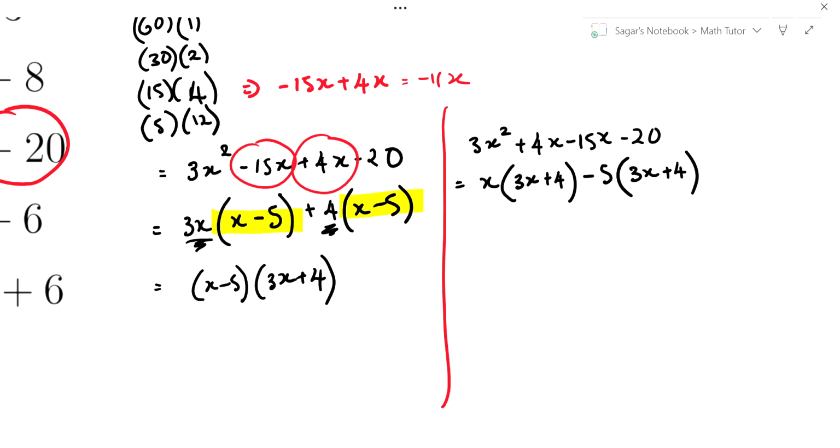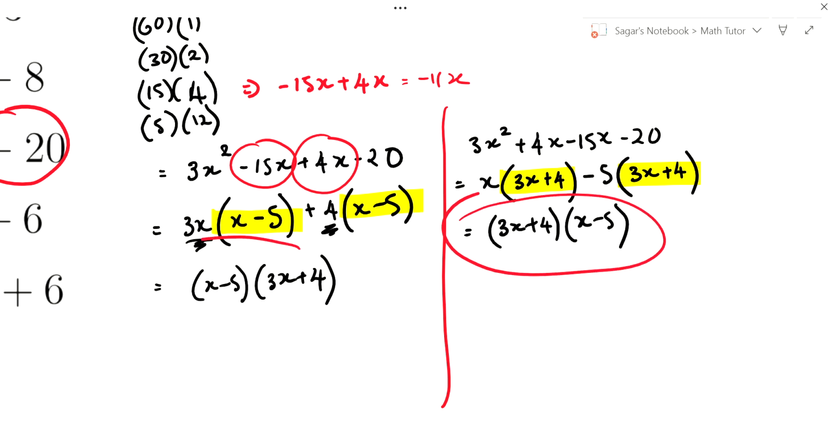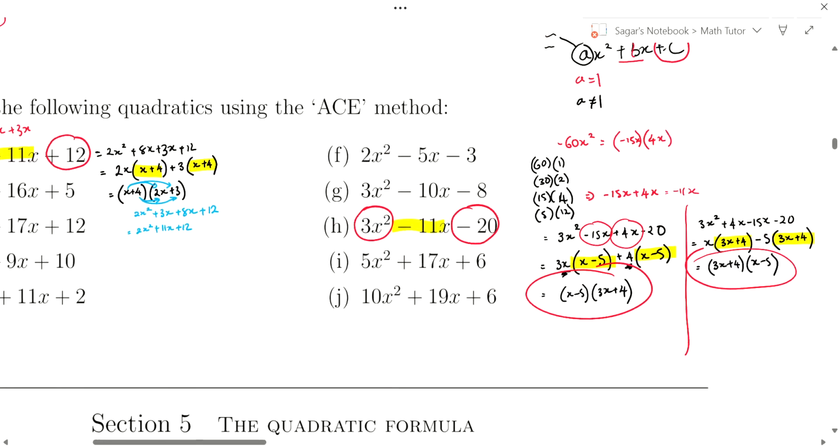And that's it. Now we factor out our common term: 3x plus 4, open brackets, x minus 5. So we've got the same solution whether we have it minus 15x plus 4x or plus 4x minus 15x.